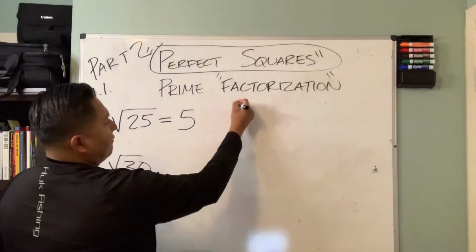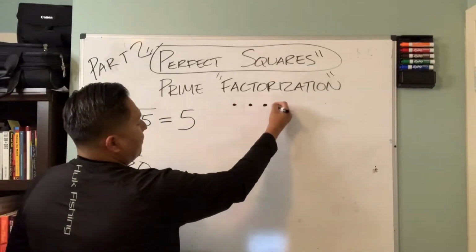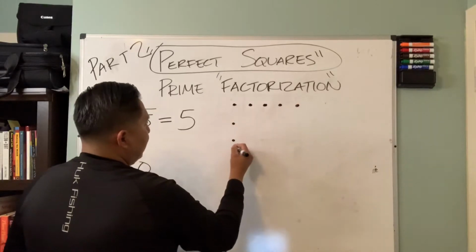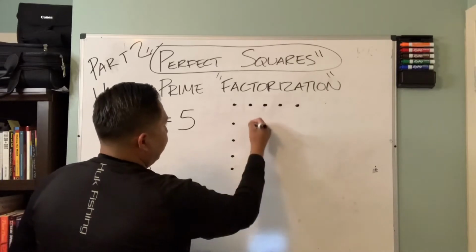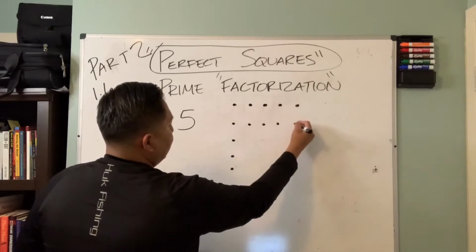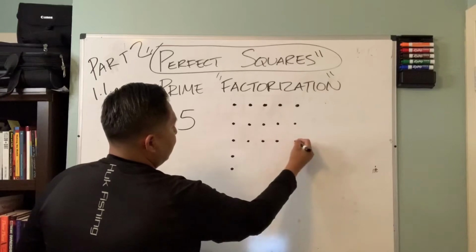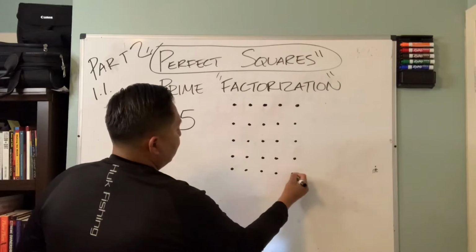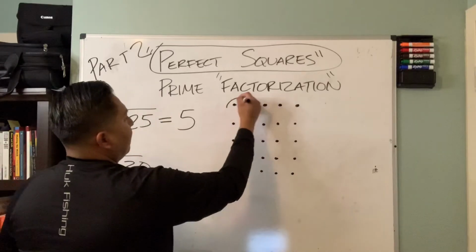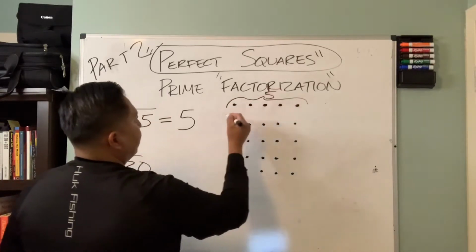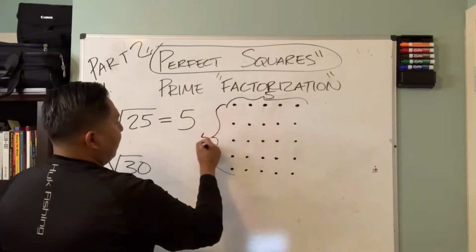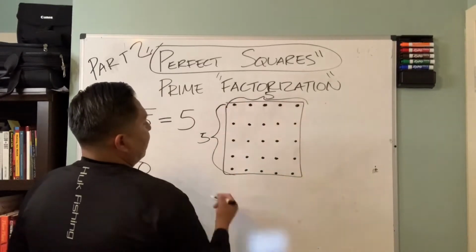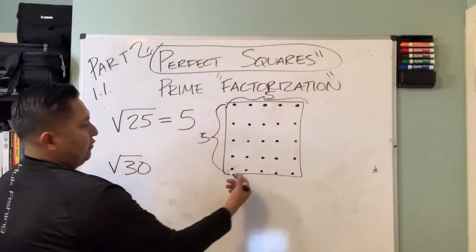Because if we have 25 dots in a 5 by 5 type of grid, here we have 5 columns by 5 columns, and so we have that square. So 5 times 5 is 25.